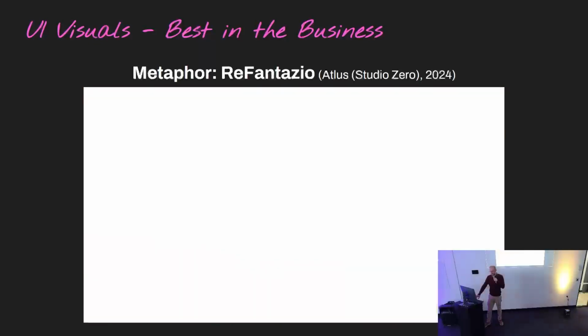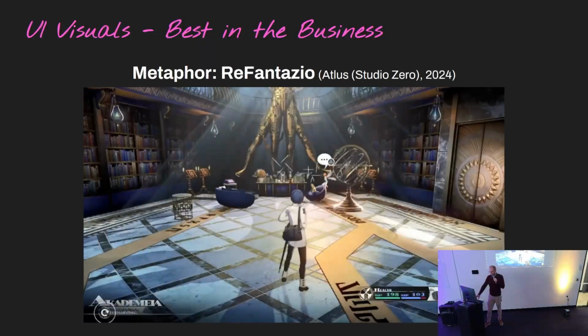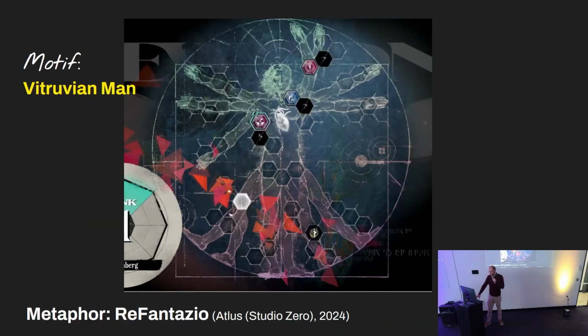Just look at it right now. The Vitruvian Man pops up in a lot of places. You can see a statue of it in the game at the back there. The Vitruvian Man is a Leonardo da Vinci illustration from the Renaissance era. And if I'm getting this right, it's showing the perfect proportions of humanity as they relate to geometry.